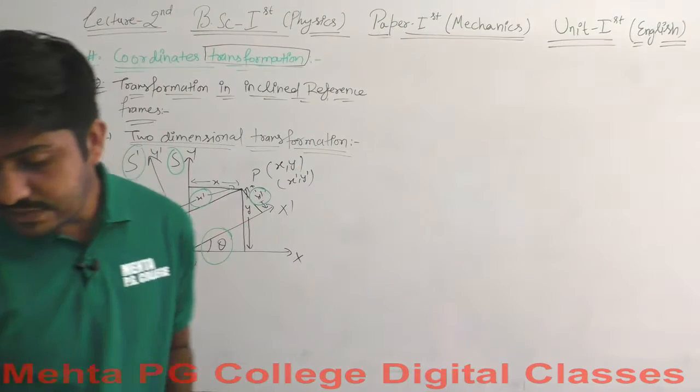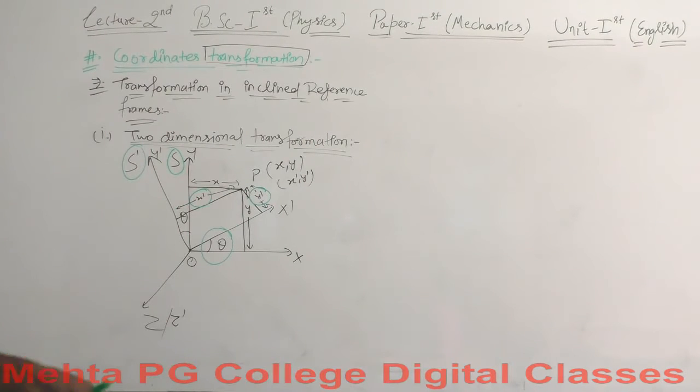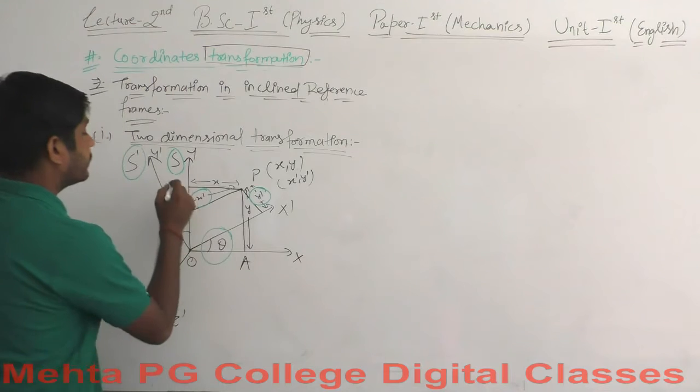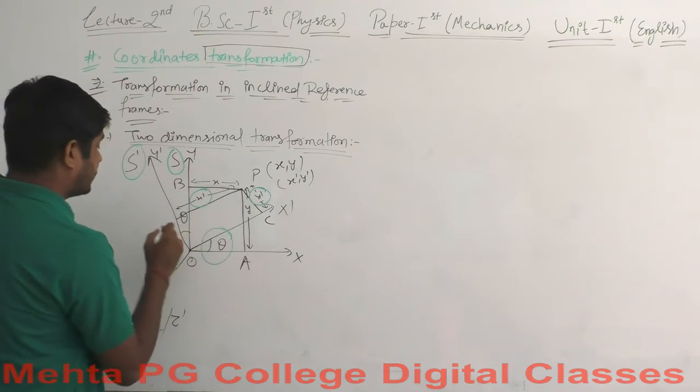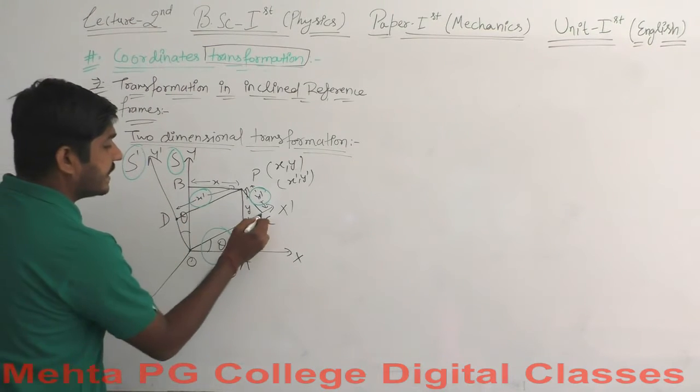So let me mark it with the symbols A, B, C, D. This is A, this is B, this is C, and this is point D here.